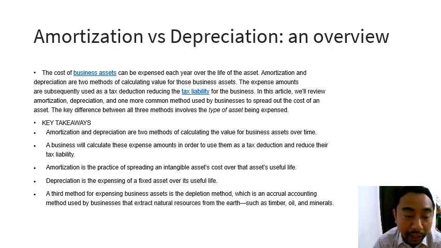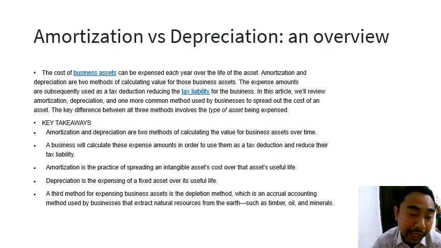First, key takeaways. Amortization and depreciation are two methods of calculating a value for a business asset over time. A business will calculate these expense amounts in order to use them as a tax deduction and reduce their tax liability. Amortization is the practice of spreading an intangible asset's cost over the asset's useful life.